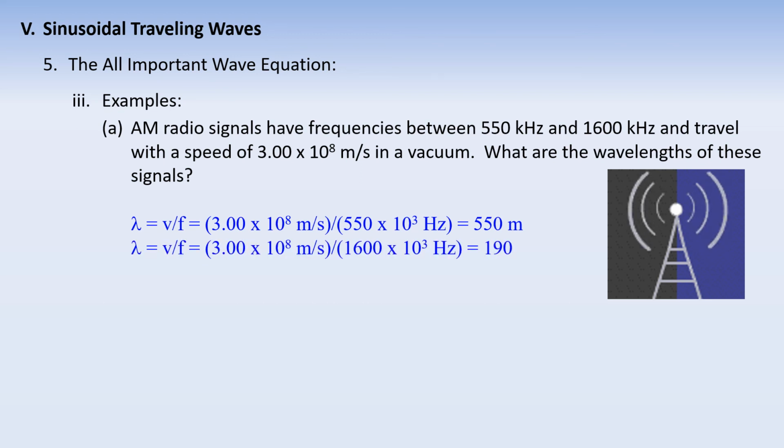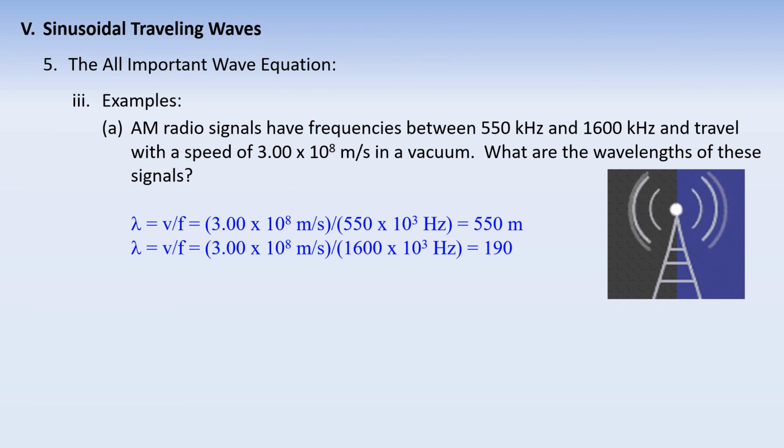We'll do the same for the high frequency, and you see that we end up with a wavelength of 190 meters. So a couple things here. Notice that for AM radio signals, these are very long wavelengths.